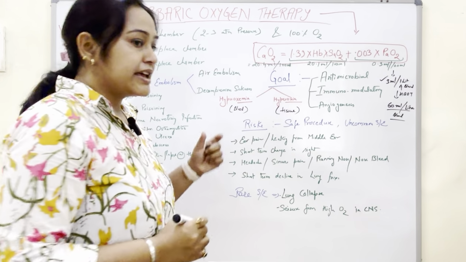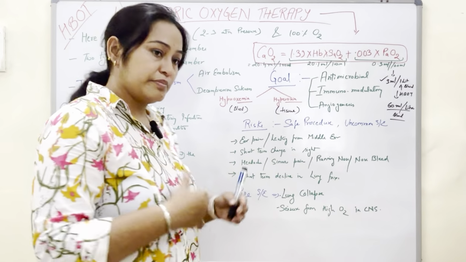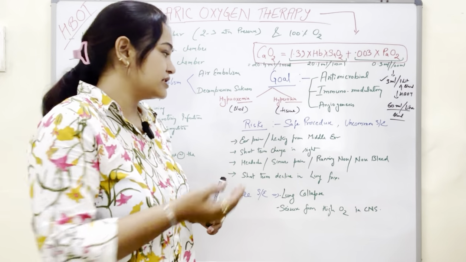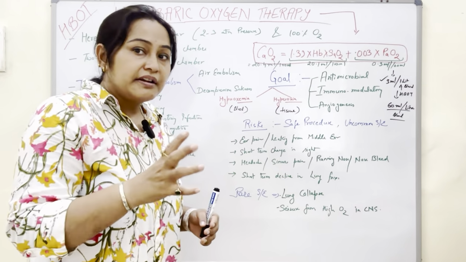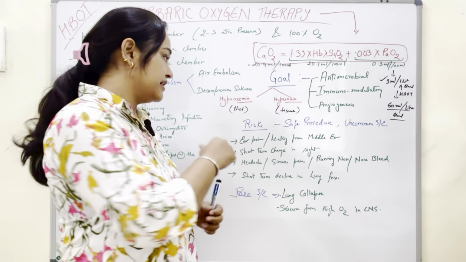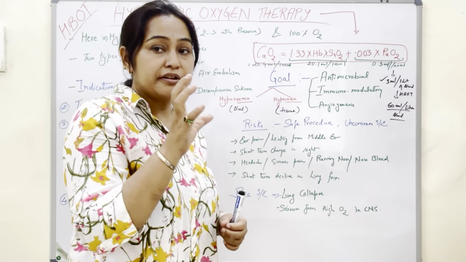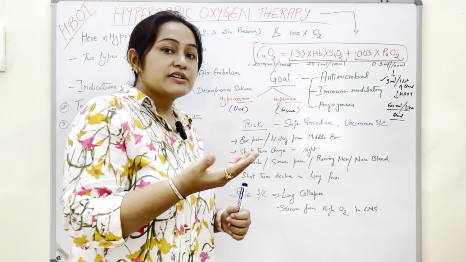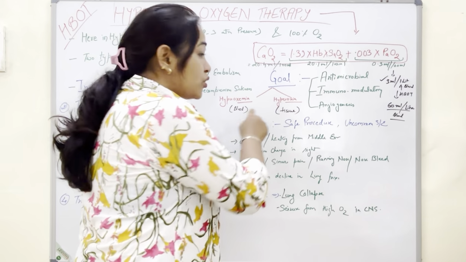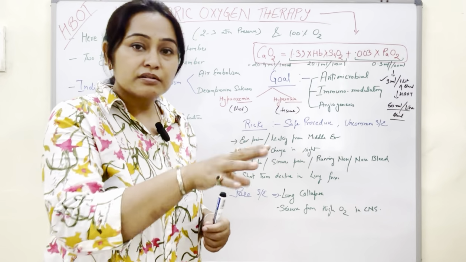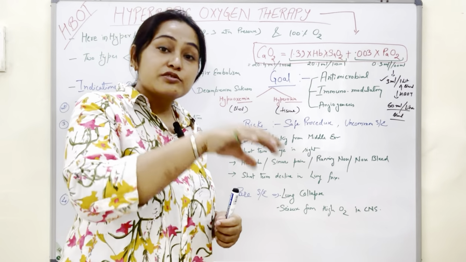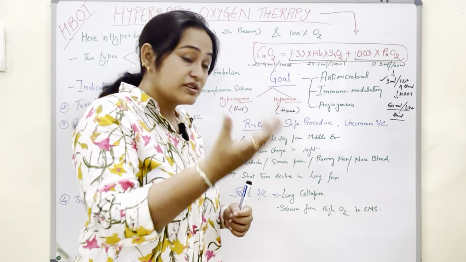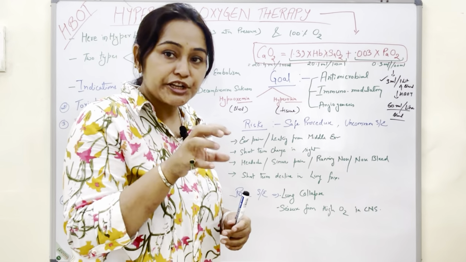So this is very beneficial, because when we give hyperbaric oxygen therapy, the total content of oxygen in the blood is increased, since the dissolved oxygen part is increased, right? The total amount of arterial oxygen content is increased, so more oxygen is provided to the injured tissue. That is hyperoxia, meaning more oxygen at the injured tissue level.